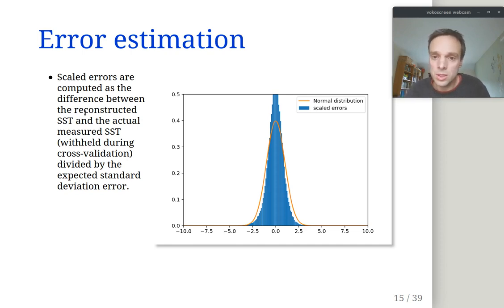The normal distribution is the orange line, and the blue bars represent the scaled error. And we are seeing quite interestingly that they are actually fairly similar. So we are slightly underestimating the error, but we still have a quite reasonable error estimation.